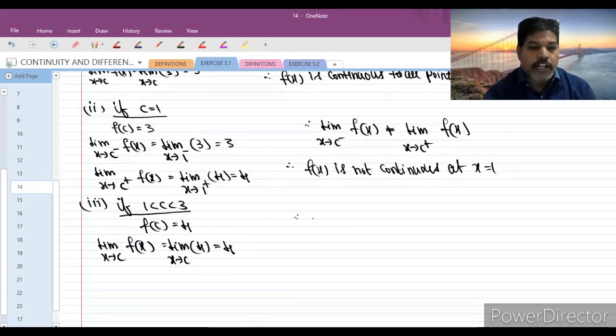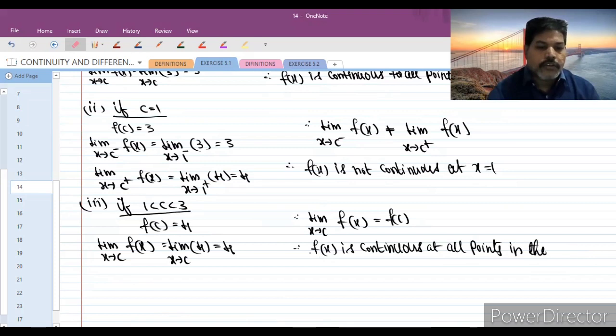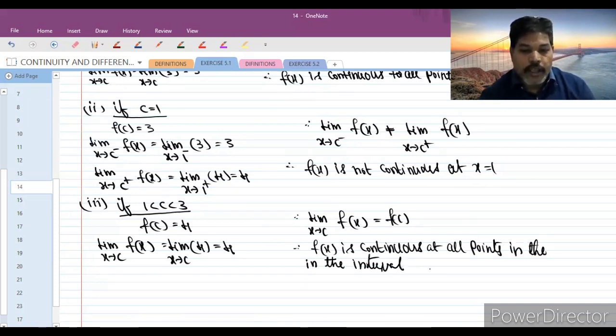Therefore, the limit as x approaches c of f(x) is equal to f(c). So f(x) is continuous at all points in the interval, the open interval (1, 3). So that is the third case.